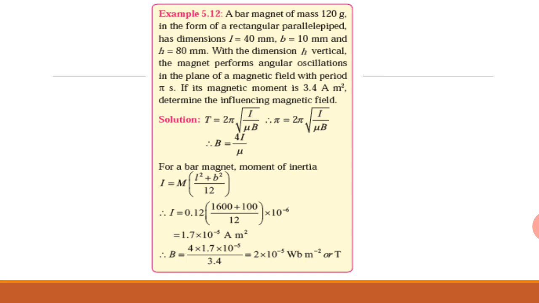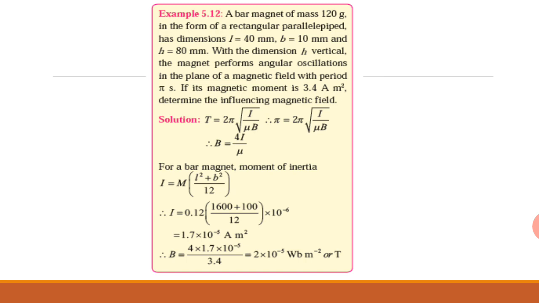With the dimension h vertical to the magnet, it performs angular oscillation in the plane of the magnetic field with the period pi second, and if its magnetic moment is 3.4 ampere meter square, determine the influencing magnetic field.